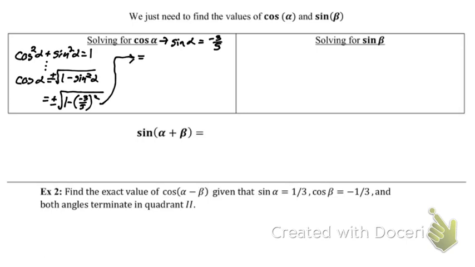That's going to equal plus or minus the square root of, I'm going to change my 1 to 25 over 25, minus, well, negative 3 squared is a positive 9, over 5 squared, which is 25, which then equals plus or minus 25 minus 9, which is 16 over 25, which is going to equal 4 over 5.